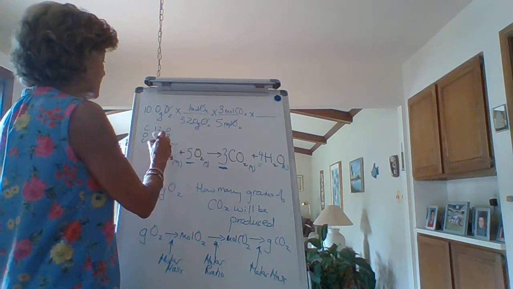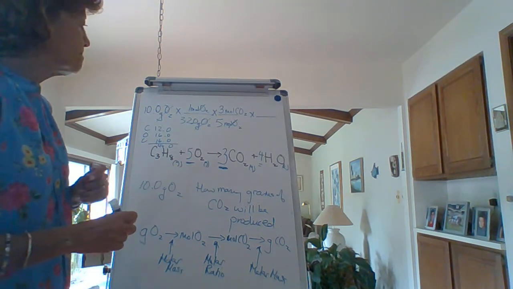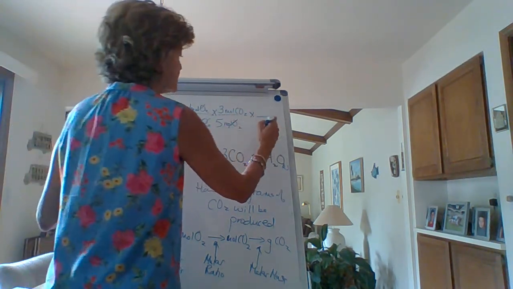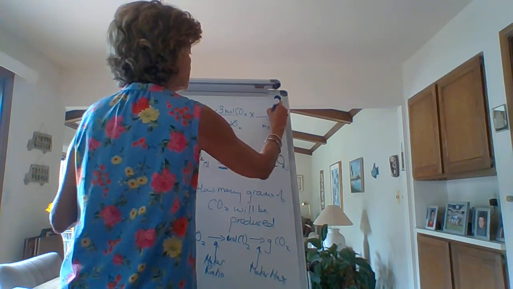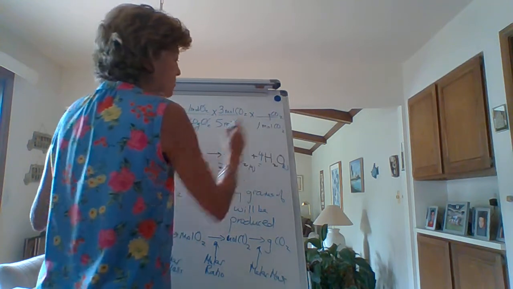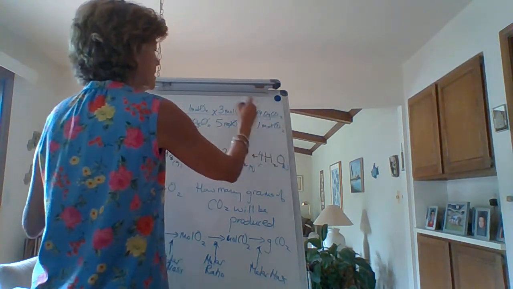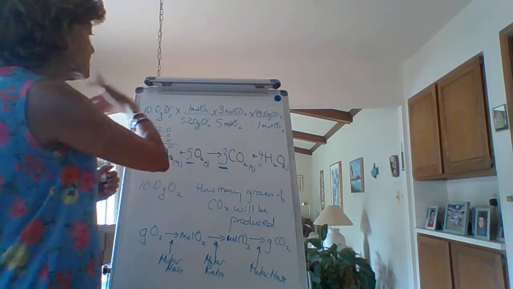You end up with 44.0. Okay? So what's down here? You want to cancel moles of CO2? You put moles of CO2 over here, and you put grams of CO2 up here. 1 mole of CO2 is 44.0 grams. Perfect setup. Okay? So now we've canceled all our units.